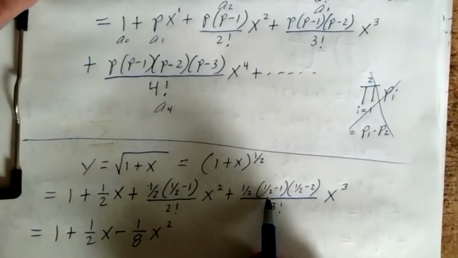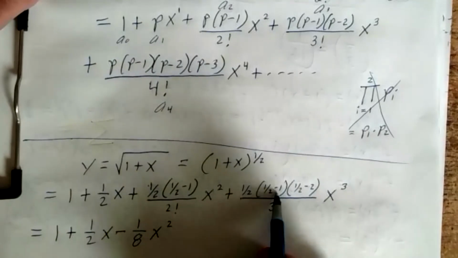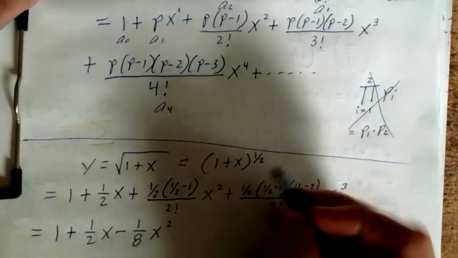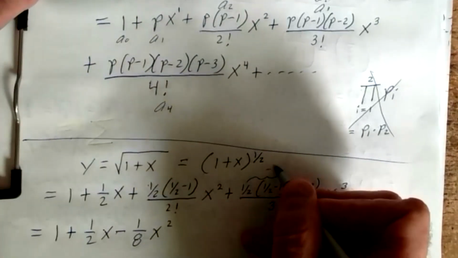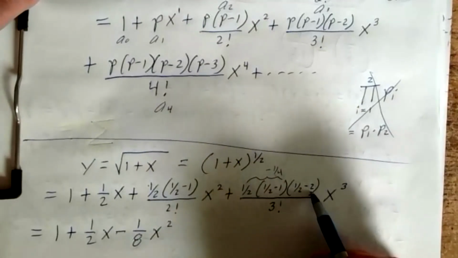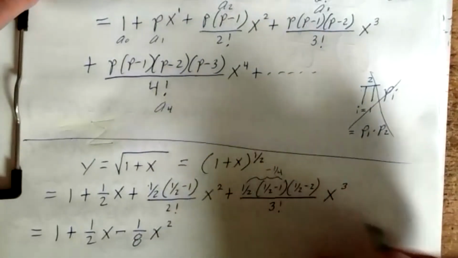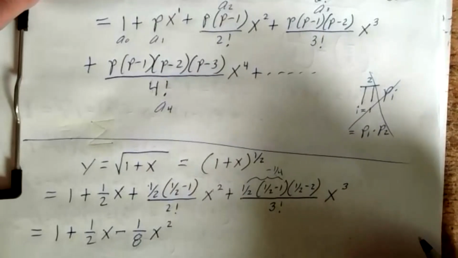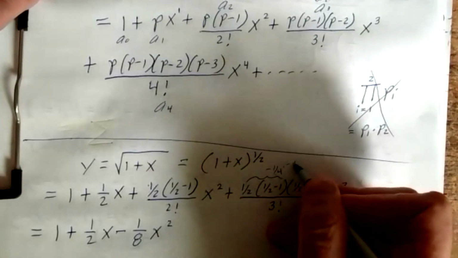This is going to be 1/2 minus 1 is negative 1/2 times 1/2 is negative 1/4. So this is all negative 1/4. 1/2 minus 2 is 1/2 minus 4/2, which is negative 3/2. So what's negative 1/4 times negative 3/2?